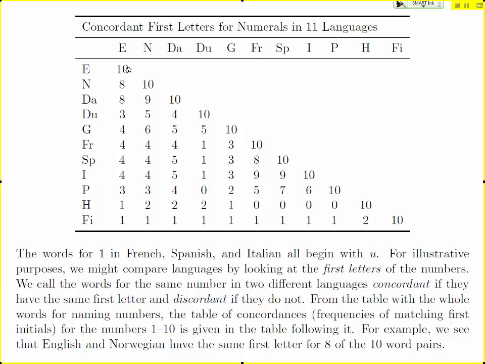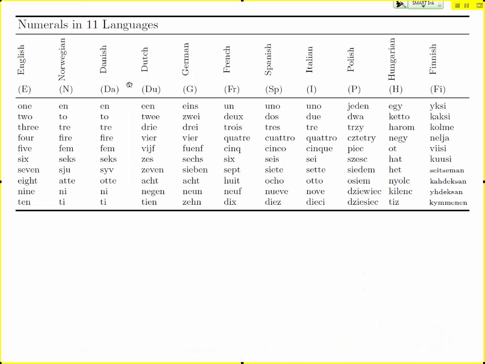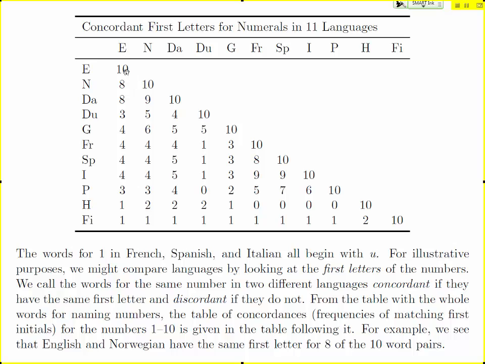The number is 10 because English to English matched every time. Second row, first column is N compared to E. What is N? Norwegian. Norwegian compared to English. And so 8 of those words started with the same letter.